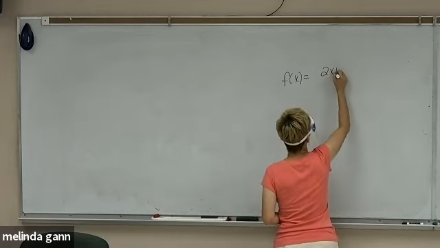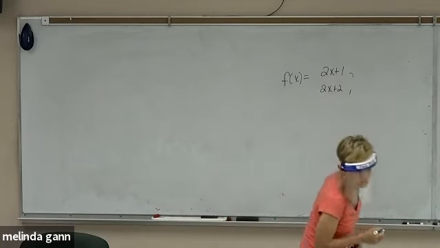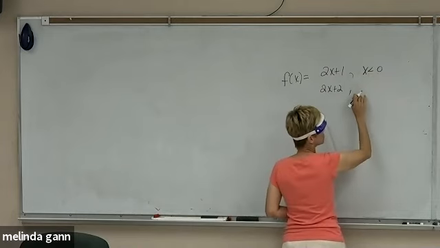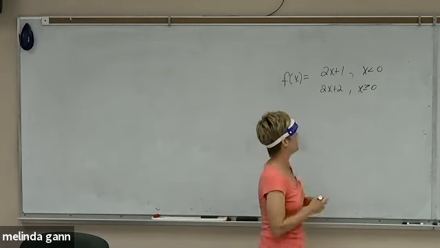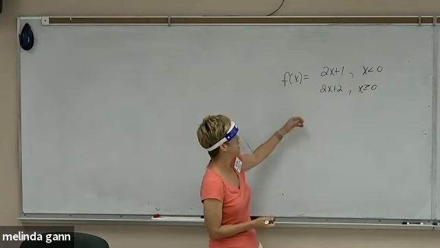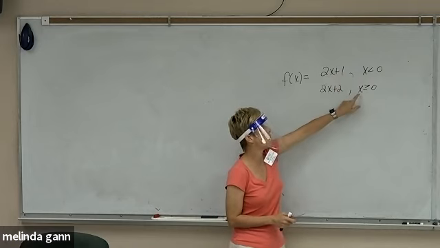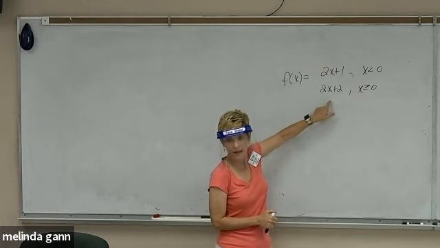Is that right? Okay. Now, how did you know when to use which piece? The top one you used when x was less than 0, and this one you used when x was what, greater than or equal to 0? So what that means is if you're plugging in a negative number, you should have been plugging in up here. If you're plugging in 0 or a positive number, you should have been substituting what? Right there. Is everybody okay?